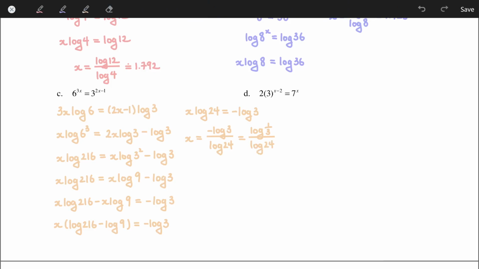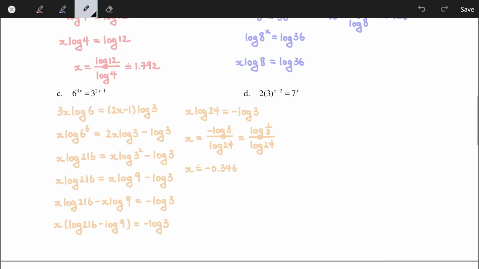And now finally we can divide these two using a calculator, and we'll get negative 0.346 to 3 decimal places. Okay, so the questions are quite involved, but if we take it step by step, they are workable. So let's look at another one.